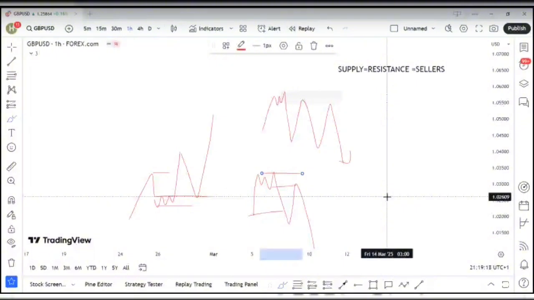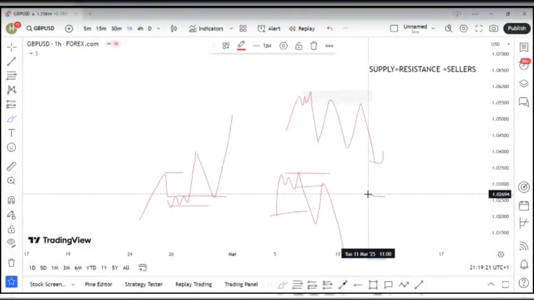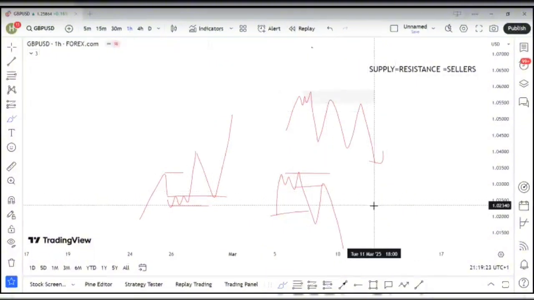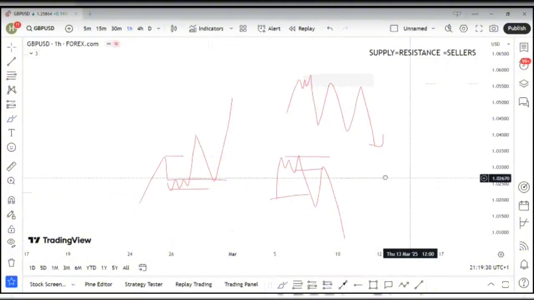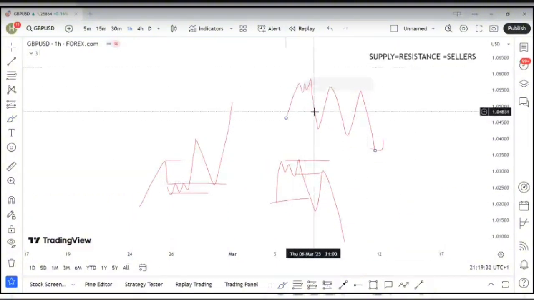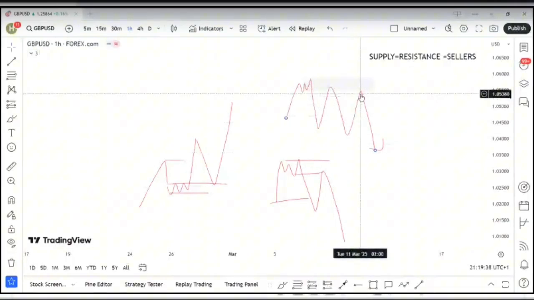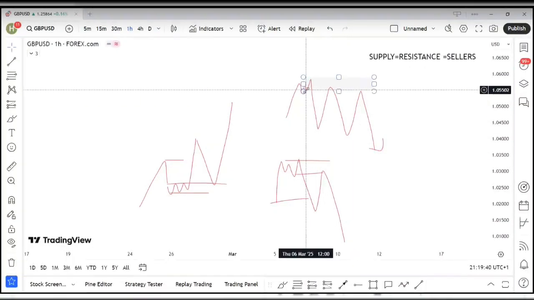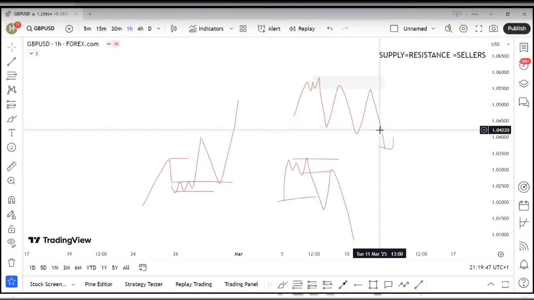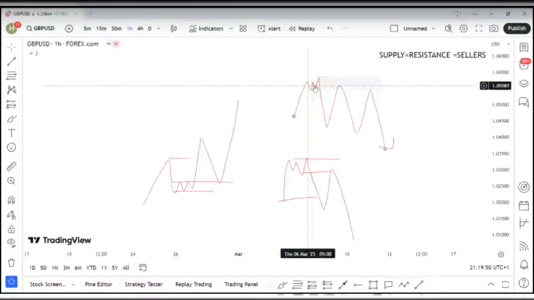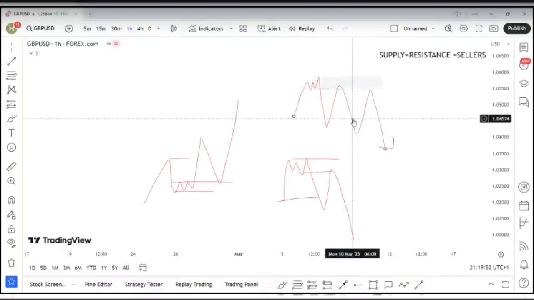Support and resistance are zones where we expect multiple touches in price. That's why I told you, for this supply zone, after the first touch, we then see price pull back to tap the supply zone again. This shows us a strong resistance zone because we have multiple touches.